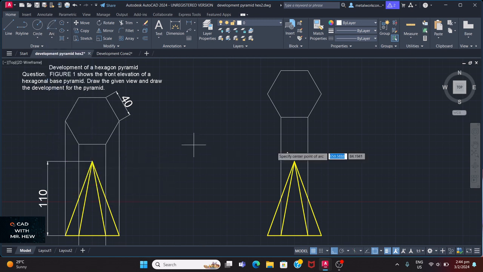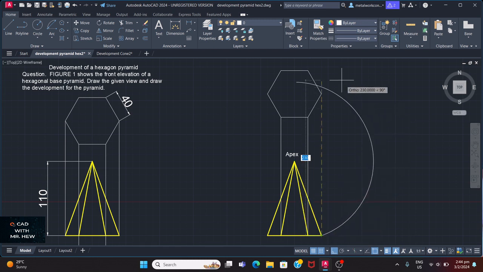So we're going to use this one, center, start, and here we're going to draw it up. All right, so that's our construction arc drawn from this point.